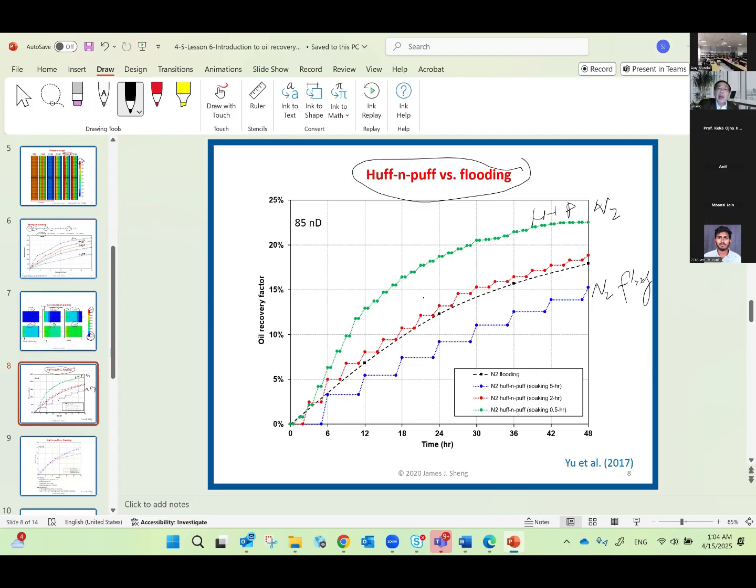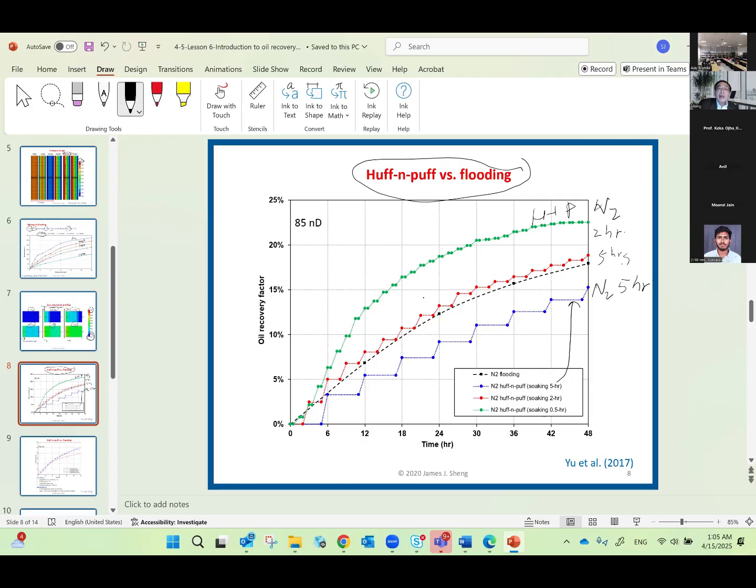But this is Huff-n-Puff; its soaking time is 2 hours, and this is 5 hours. Okay, wait a minute. So this one is nitrogen Huff-n-Puff, 5 hours. This bottom one is nitrogen, 5 hours.